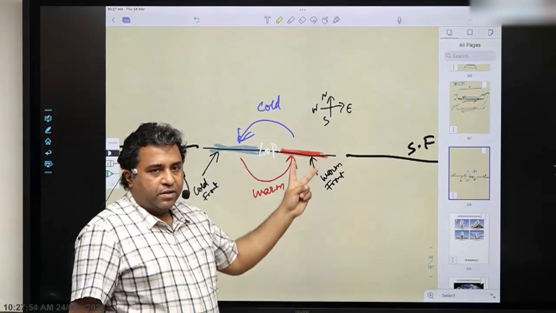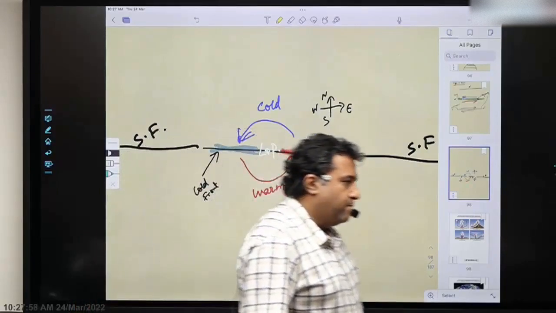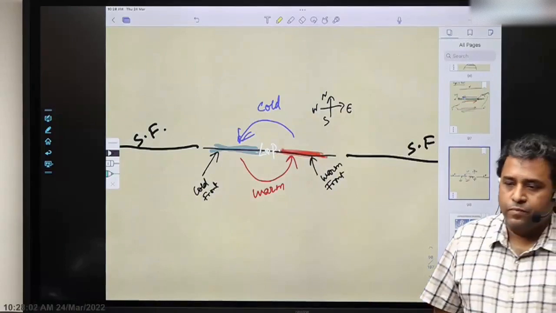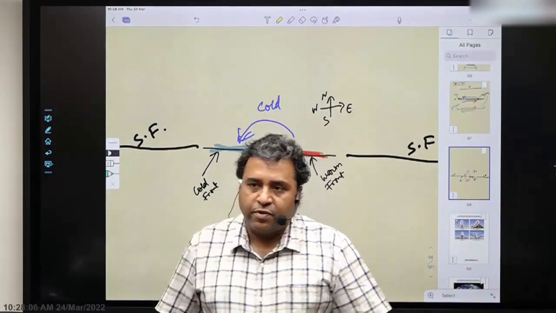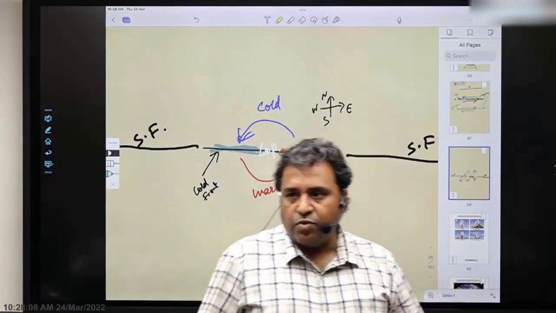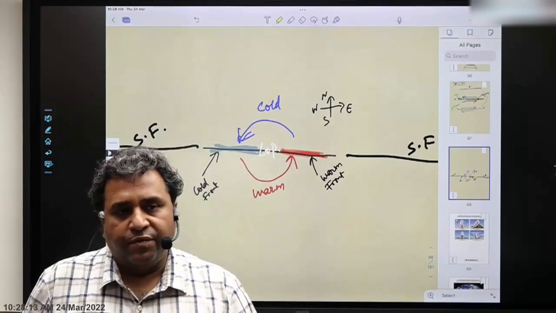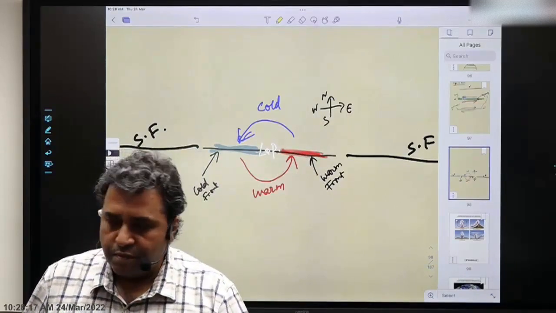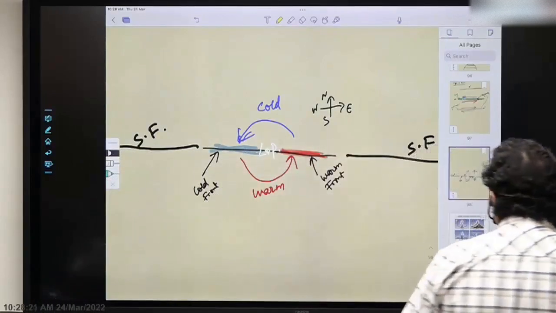This moving front is known as warm front, where it is being pushed by warm air mass.